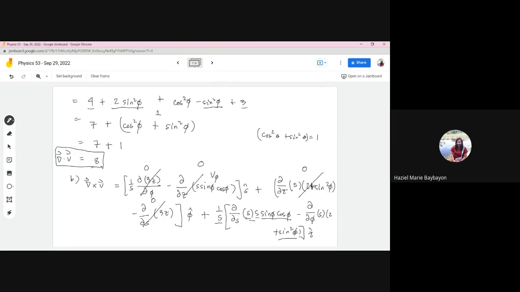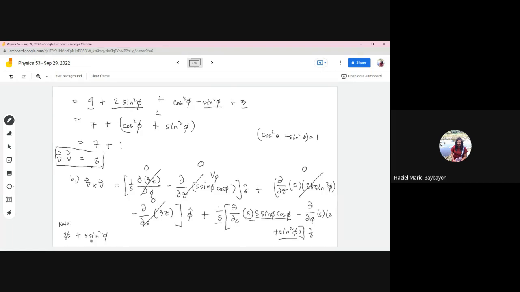Tapos, this one dayon. Side note. So naa kay 2S plus S sine squared phi. So since we are differentiating with respect to phi here, so kini siya wala na ni, 0.